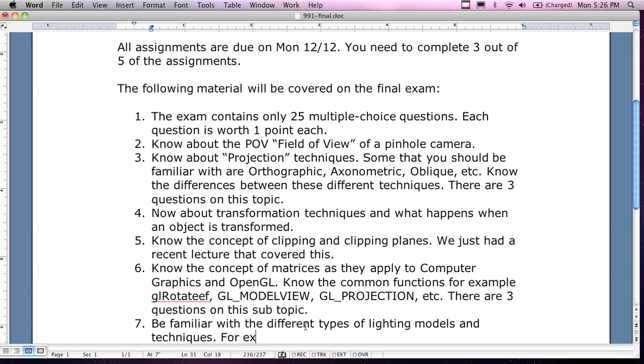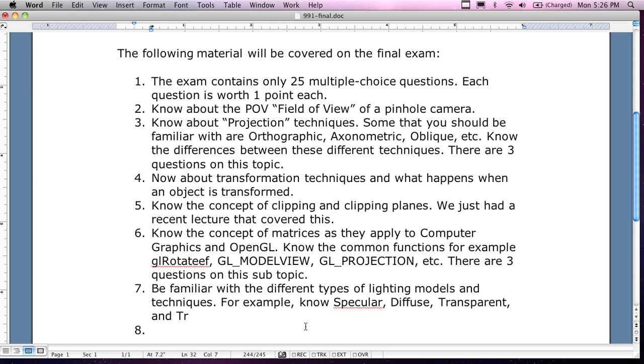For example, know specular, diffuse, transparent, and translucent. Did I spell specular right? Specular. I think I did, actually. I'm going to add it to the dictionary.